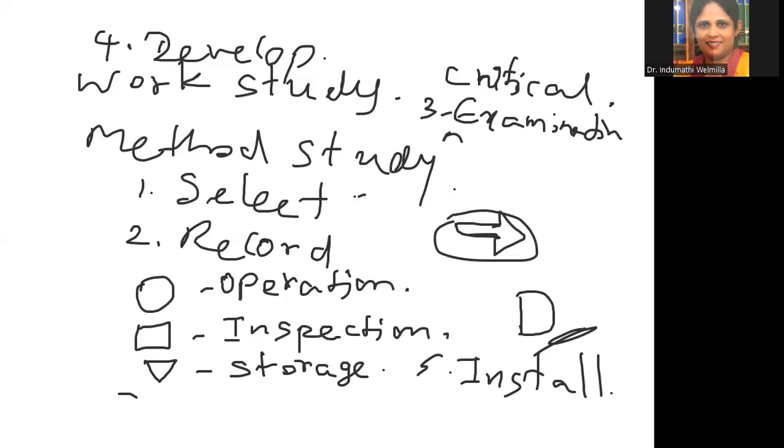And the final step of the method study is maintain. That is a very, very important one. The sixth one is maintain. Anyway, the new method may regress into a mixture of old and new practices unless it is ensured that the new method is not altered.